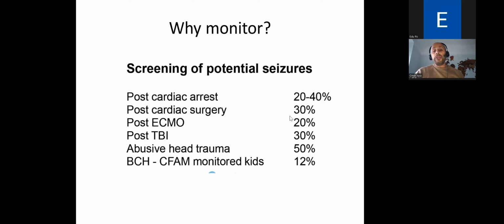Post-ECMO, you have 20% seizures. For those that may not be familiar, ECMO is extracorporeal membrane oxygenation, so essentially it's bypass for patients who need cardiovascular support beyond inotropes.